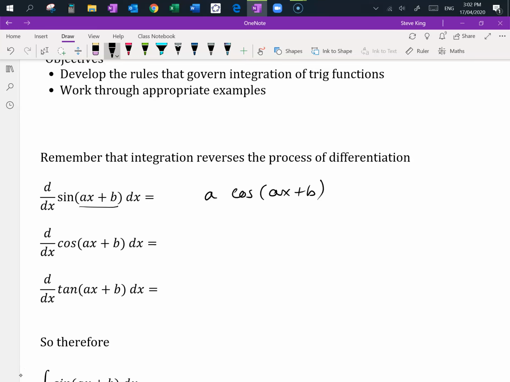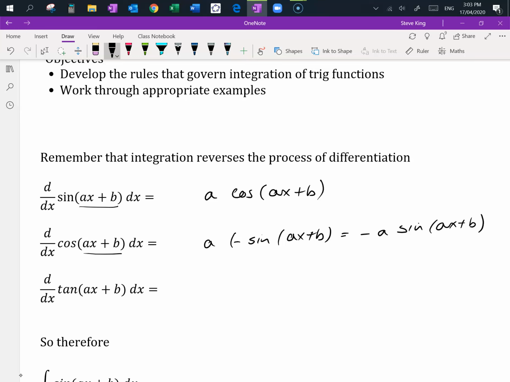The next one, when we go to cos, again we're going to need to look at the derivative of ax plus b. That's once again simply going to be a. The derivative of cos is going to be minus sine of that function ax plus b. So in other words, it's going to be minus a sine of ax plus b.